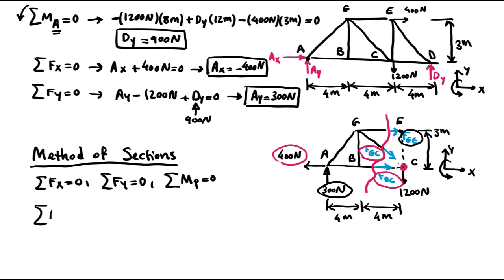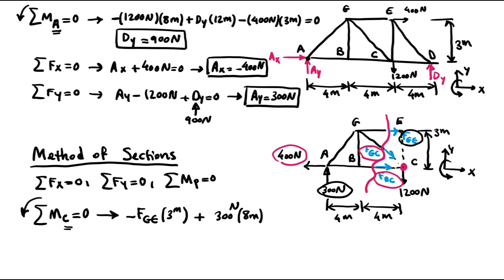So sum of moment about point C is equal to 0, equilibrium equation, and I know that counterclockwise is always positive. So I'm going to have FGE times the distance perpendicular to it starting from point C. It is going to be 3 meters clockwise, so negative, plus 300 Newton times the distance starting from C perpendicular to the line of action of that force, 8 meters.